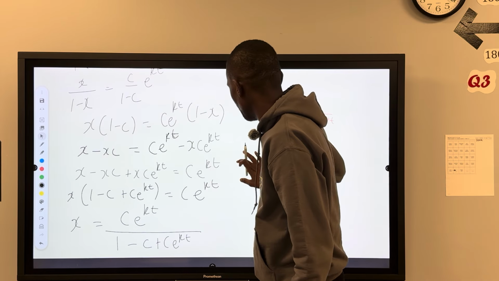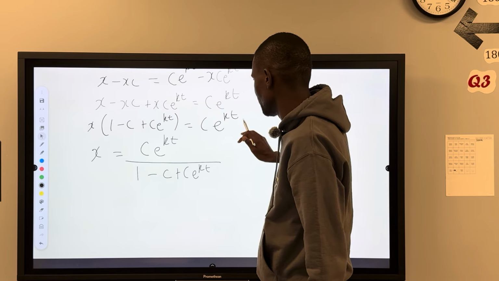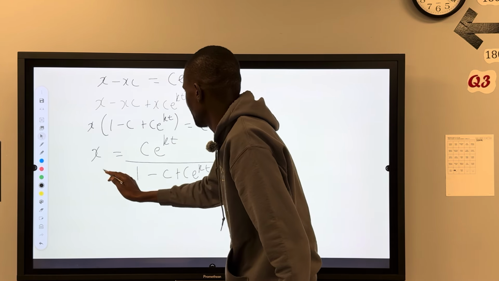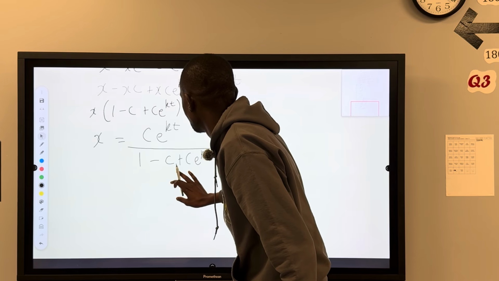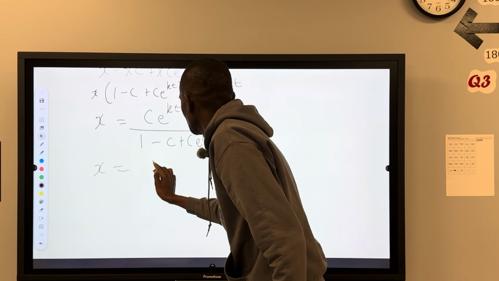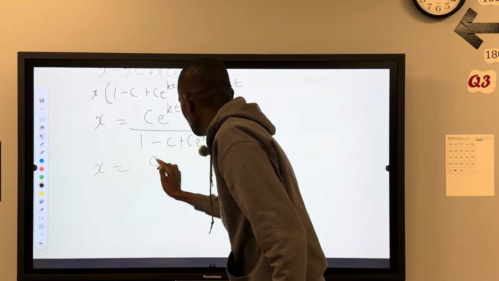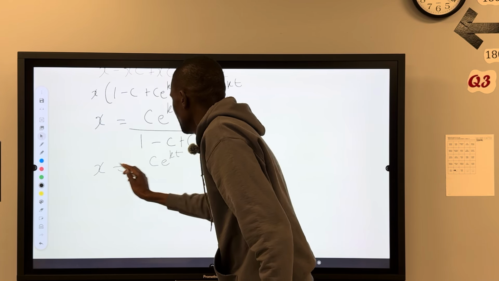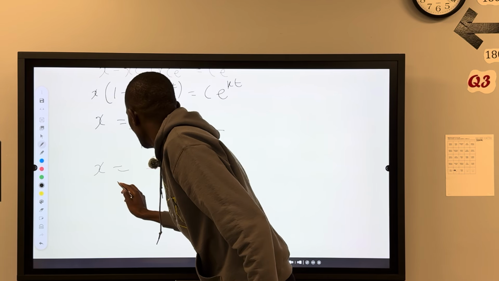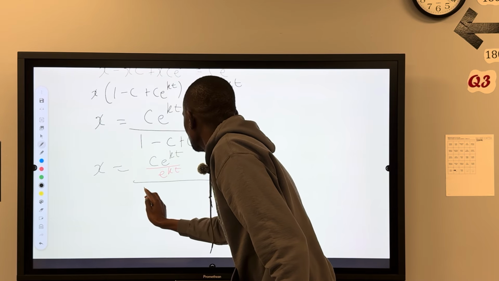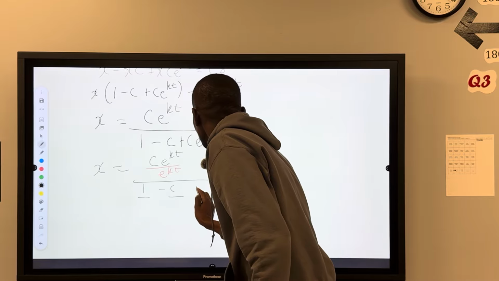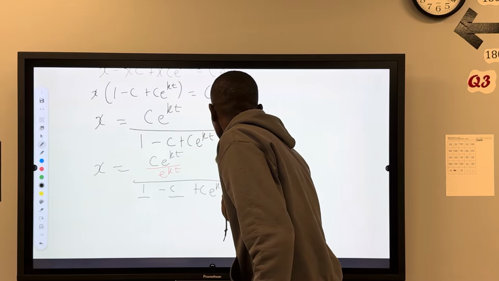So if we play around with this, we are going to divide everything by e to the kt, so that we have x is equal to c e to the kt, and I'm going to divide by e to the kt, all over 1 minus c plus c e to the kt.